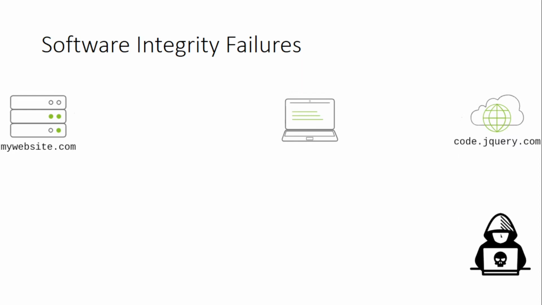However, imagine there's an attacker that somehow hacked into this web server and changed the contents of the library to inject malicious code. So what would happen as a result?